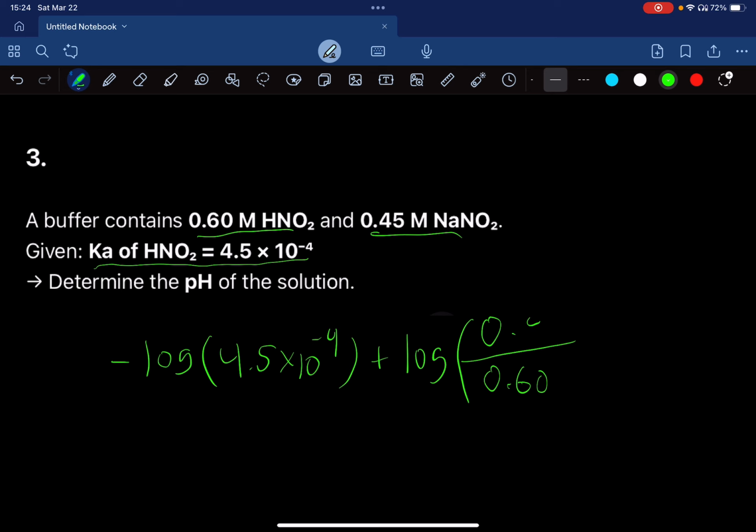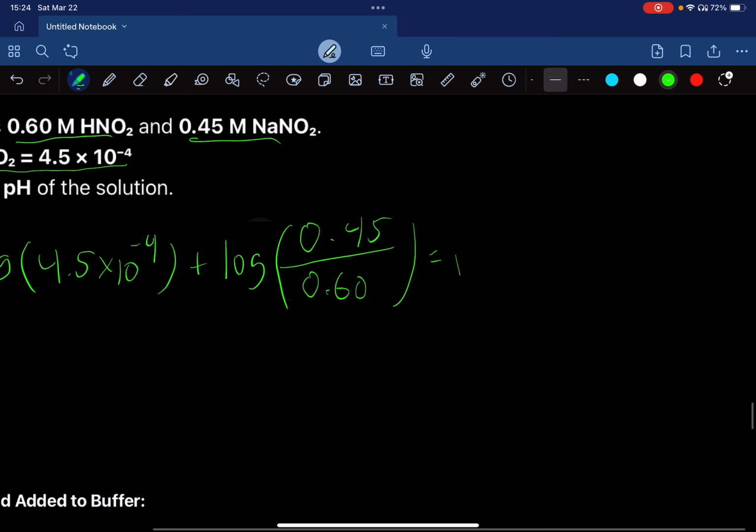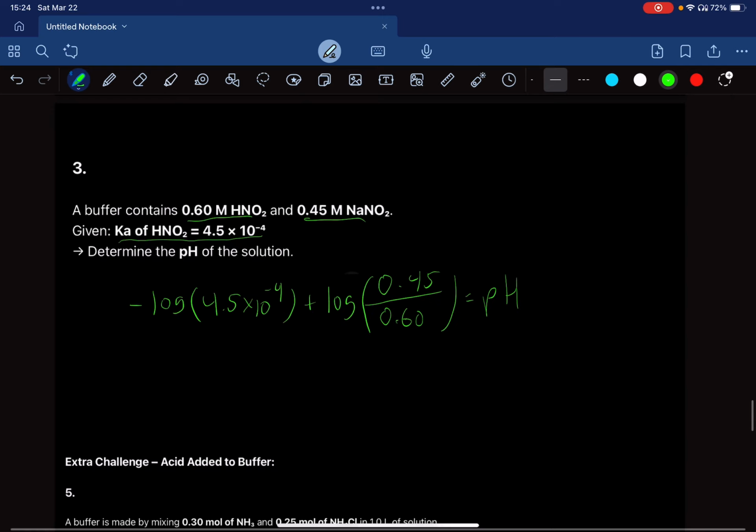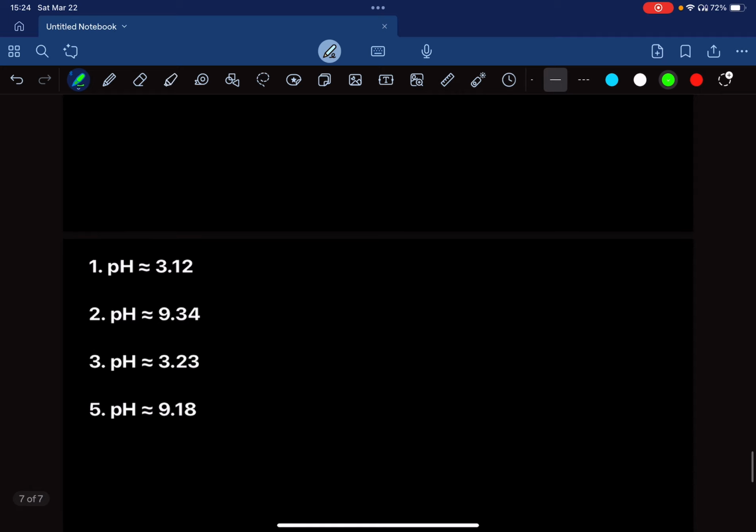So this is going to be your setup. And because we're given the acidic constant, we're automatically going to calculate the pH once we plug it into our calculator. So if you want to know the setup, this is the setup. And you can plug it into your calculator, and that's the answer for question 3.